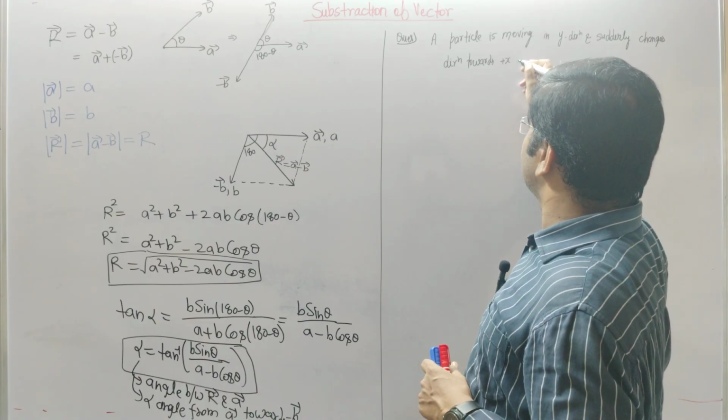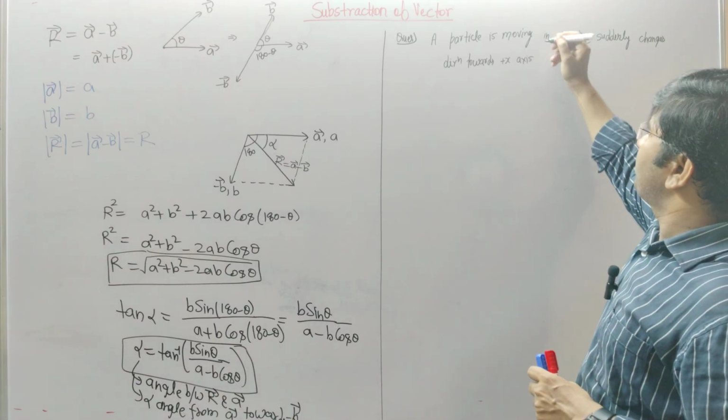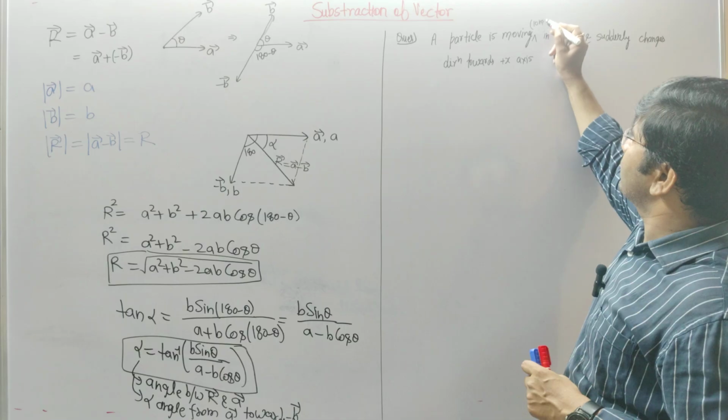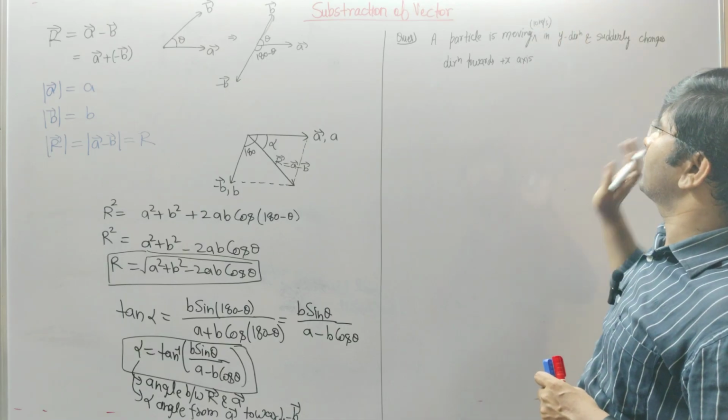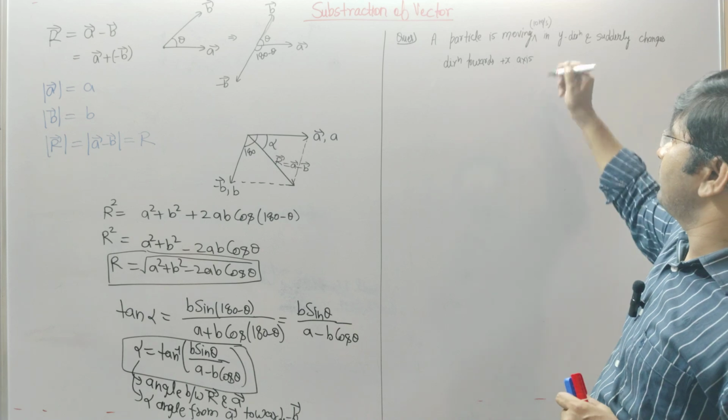The particle is moving with, let's take some speed like 10 meter per second. A particle is moving with 10 meter per second in y direction, suddenly changes direction towards the positive x-axis.